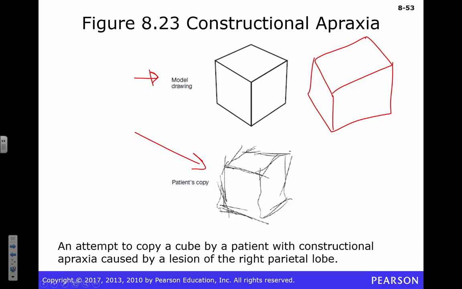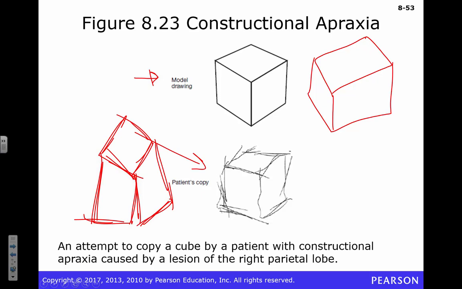What's really interesting is that when these individuals draw, they'll make multiple marks to make the same surface. You see multiple marks for each of those sides, not one fluid movement.